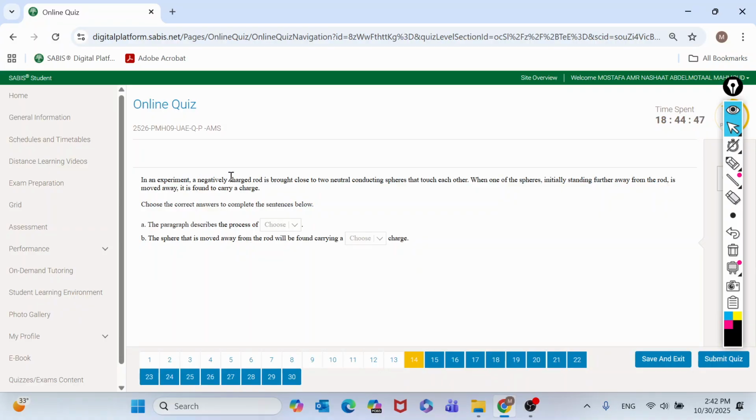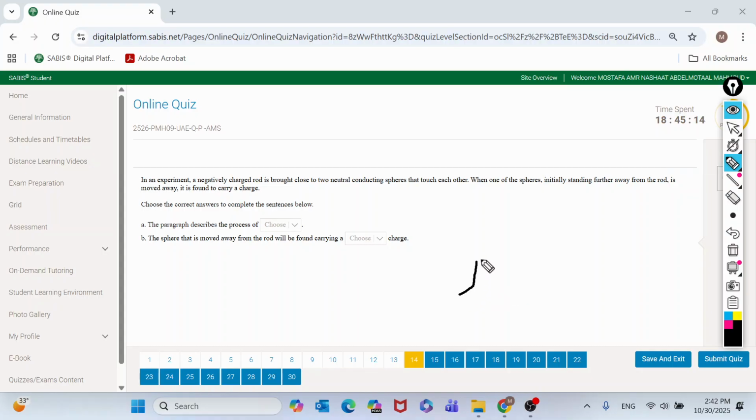In an experiment, a negatively charged rod is brought close to two neutral conducting spheres that touch each other. When one of the spheres initially standing further away from the rod is moved away, it is found to carry a charge. Oh, guys, this is induction. Let me just explain induction.